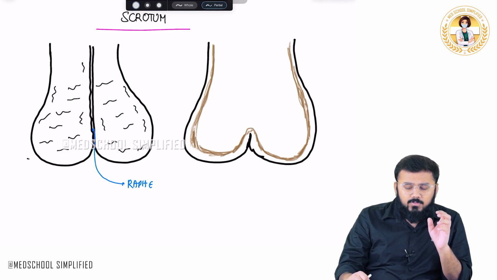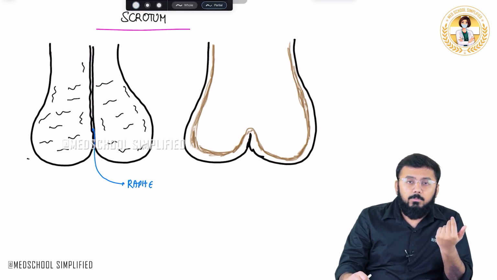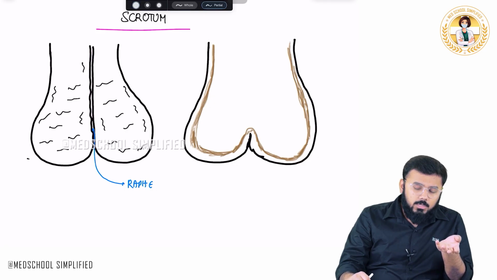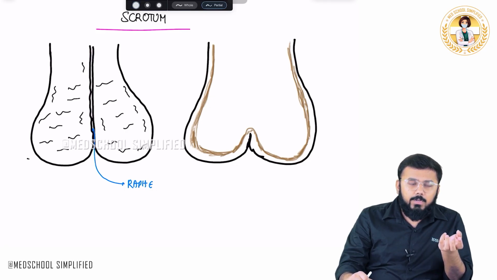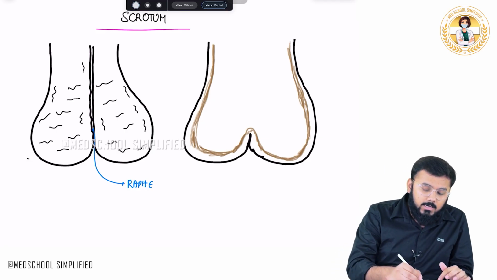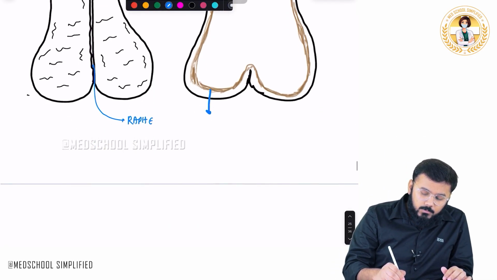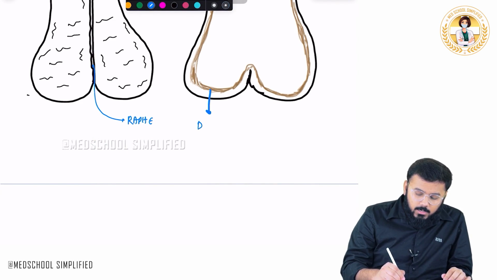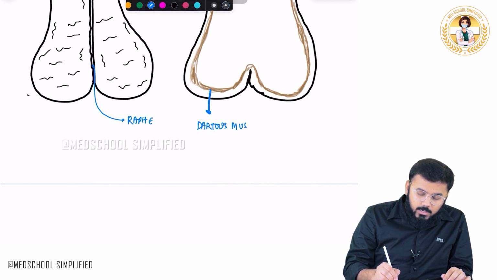If the surface area is greater, the temperature exchange will be too much. So to reduce the temperature exchange, we need to decrease the surface area. For that we need this muscle called the Dartos muscle. So this muscle over here is your Dartos muscle.